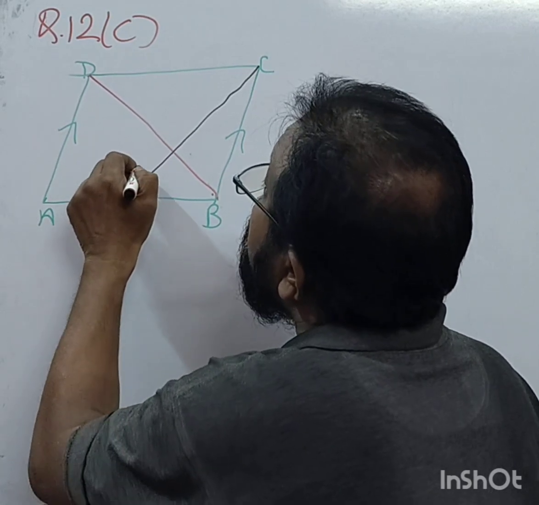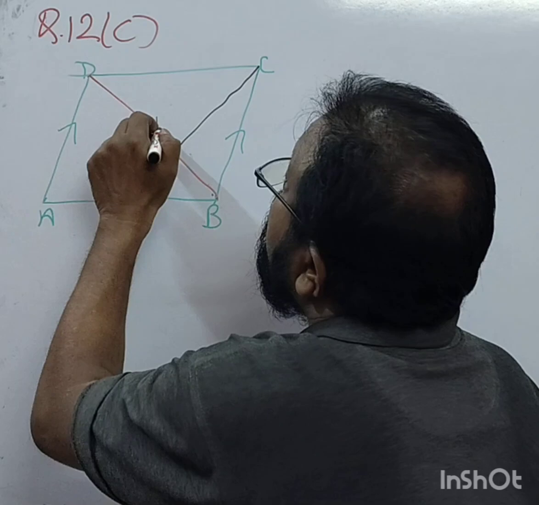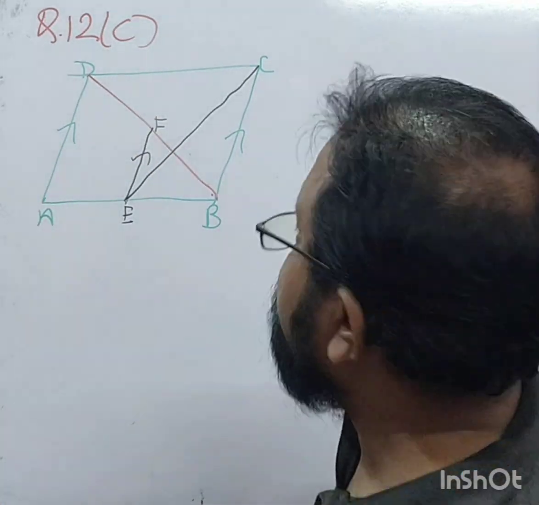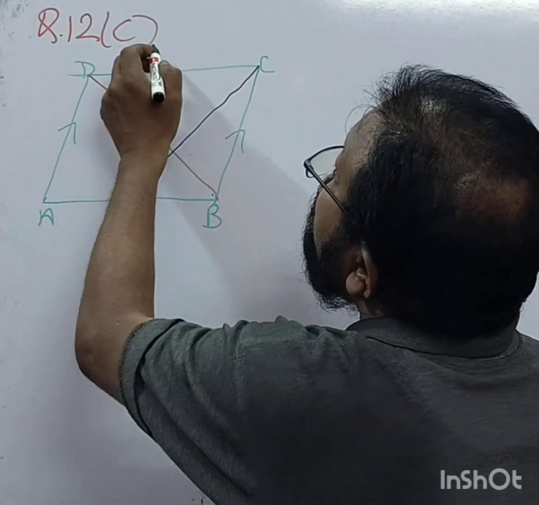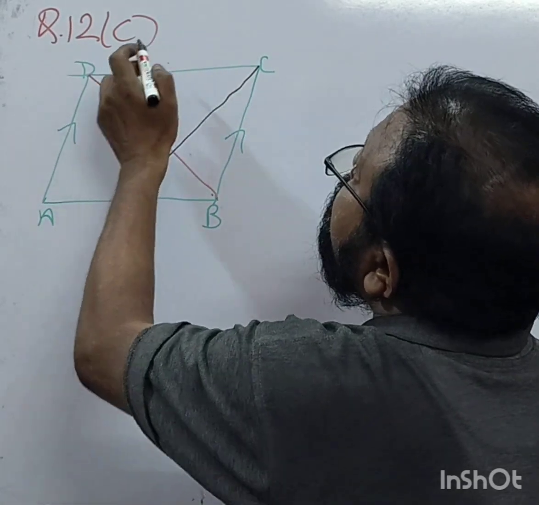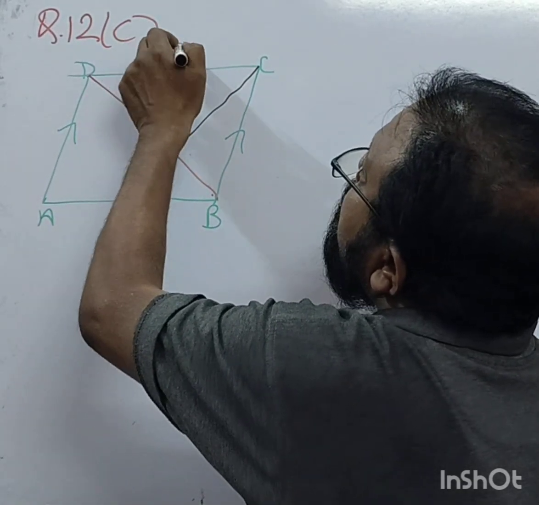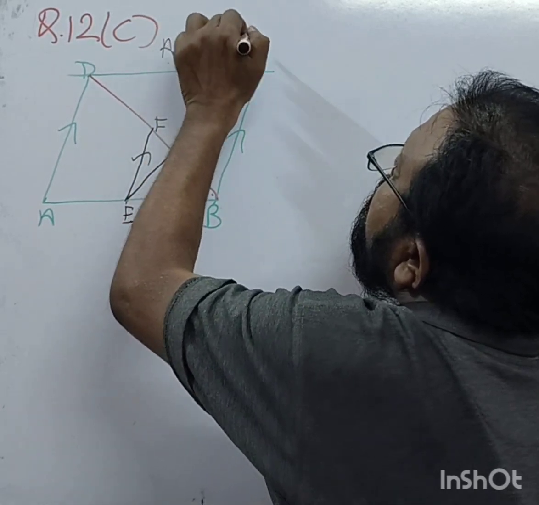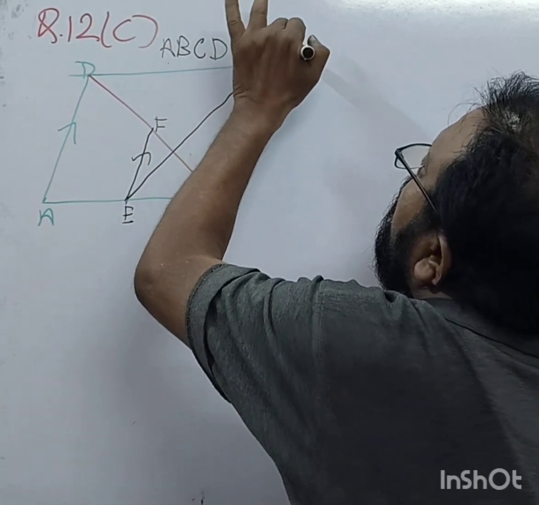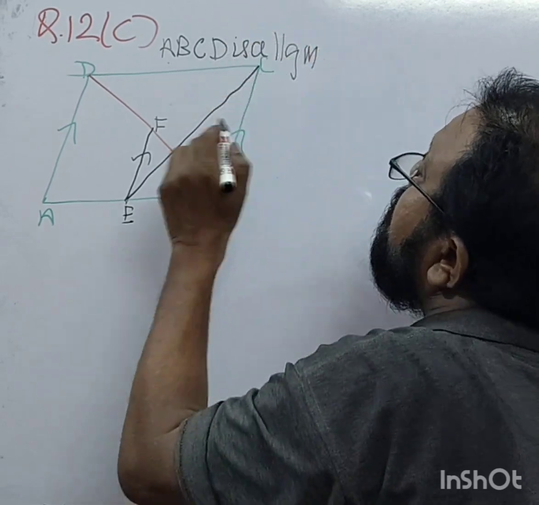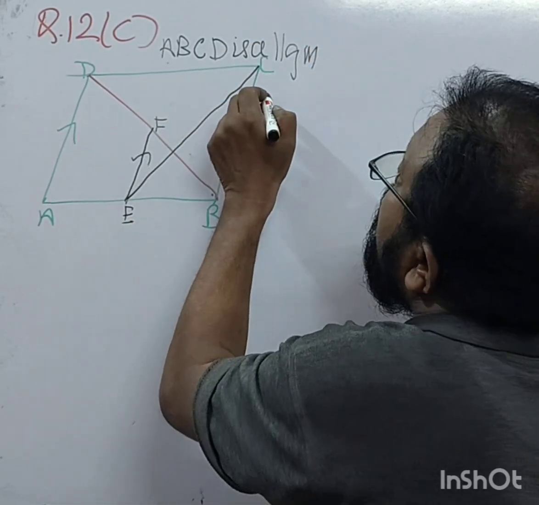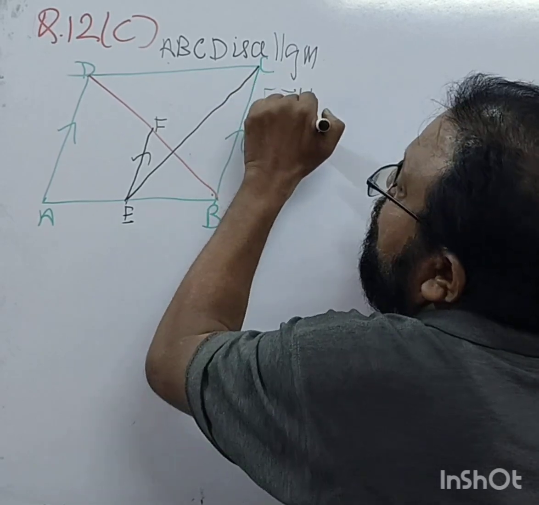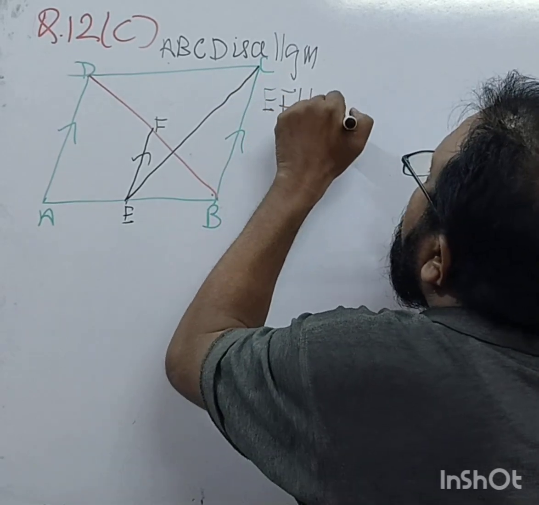EF is parallel to, this is parallel to AD, right? So EF, ABCD is a parallelogram, and EF is parallel to AD.